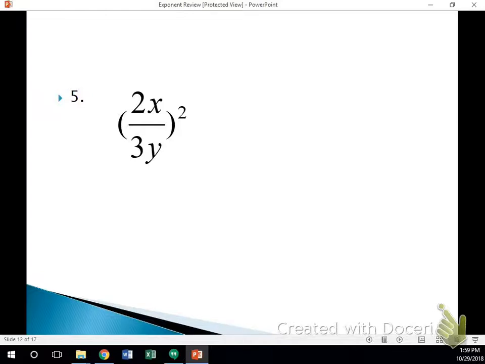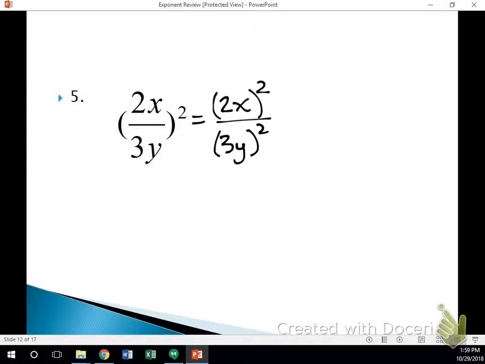All right, we've got, well, technically we're applying a product rule and a quotient rule. Is it 4 wild and 9 wild? You're getting close. So we said that we can apply that exponent on the outside of the parentheses to the numerator and to the denominator. Okay, so I can give this squared to both the numerator and the denominator.